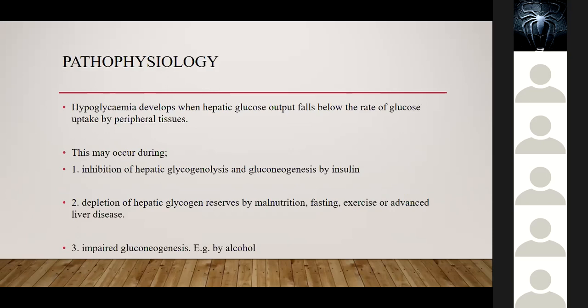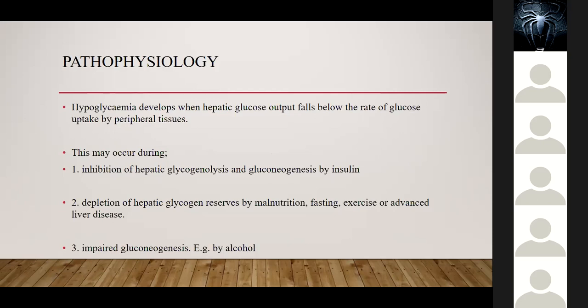So the pathophysiology here means that you expect the liver to be able to release sugar into the bloodstream once the blood sugar falls. You expect that the hormones which act in the opposing way to insulin, your glucagon and all those hormones, would come in, and once they come in, they will cause increased hepatic glucose output.